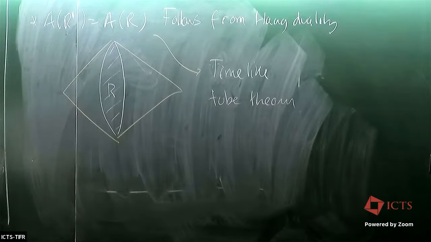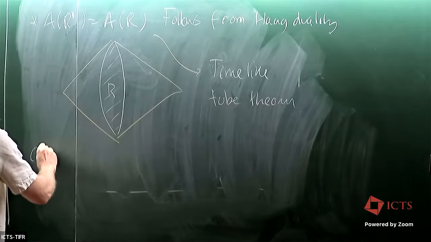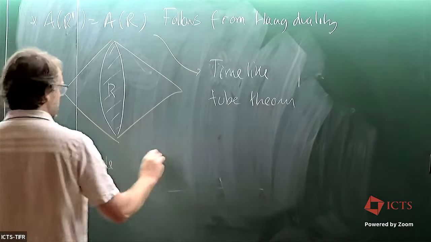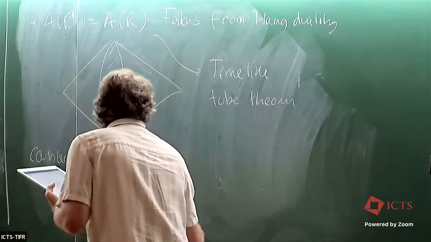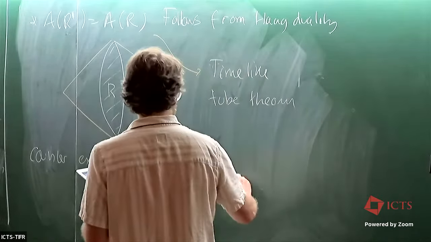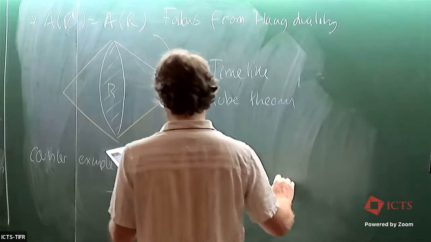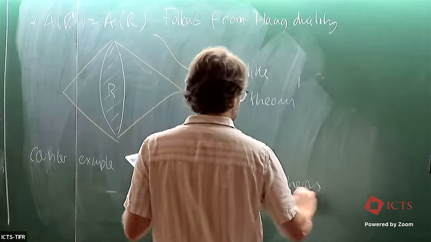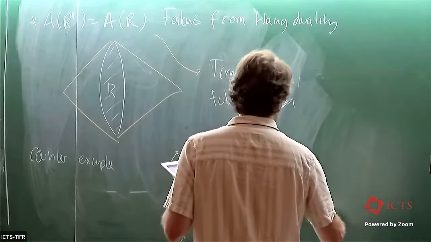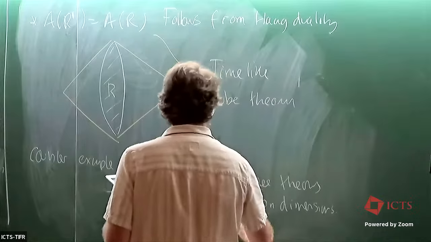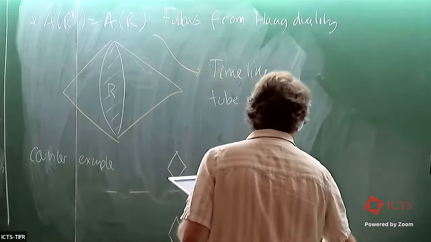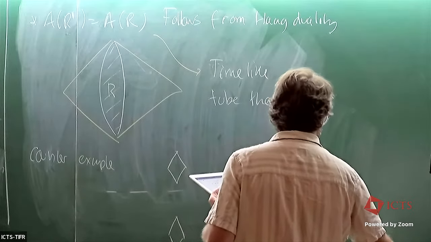So this is reasonable. Here is a counterexample. If I take two diamonds that are time-like separated, in free theories in even dimensions, due to Huygens' principle, and I'll let you think about why that is.